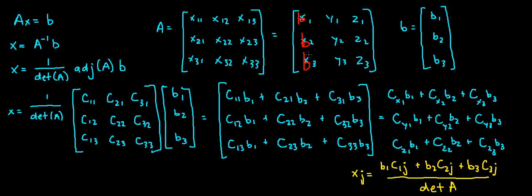But now if we move on to the second value, y, I'm taking the cofactors of this, this, and this, and then multiplying it by these entries. So right now I've got this, right?